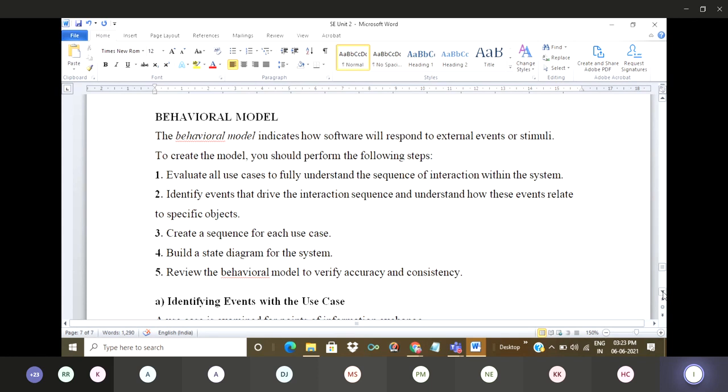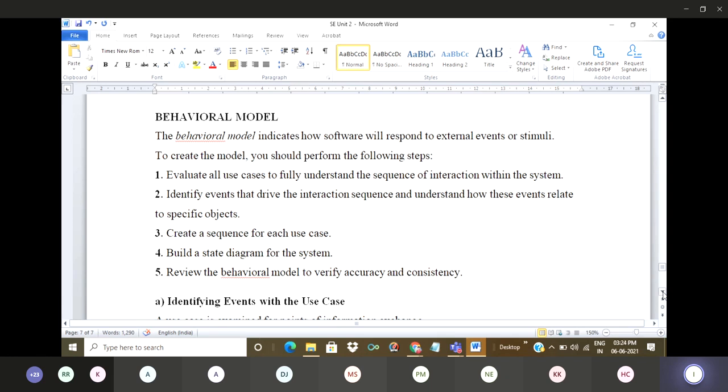First, evaluate all use cases to fully understand the sequence of interaction within the system.